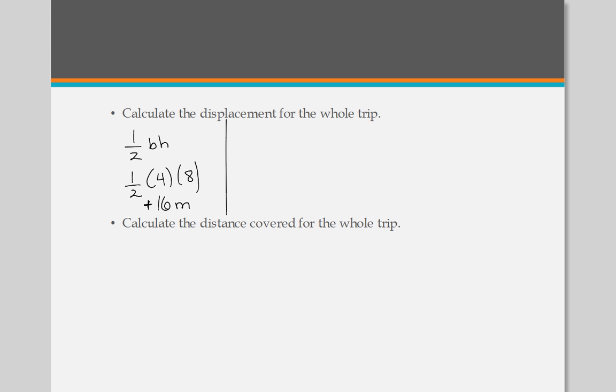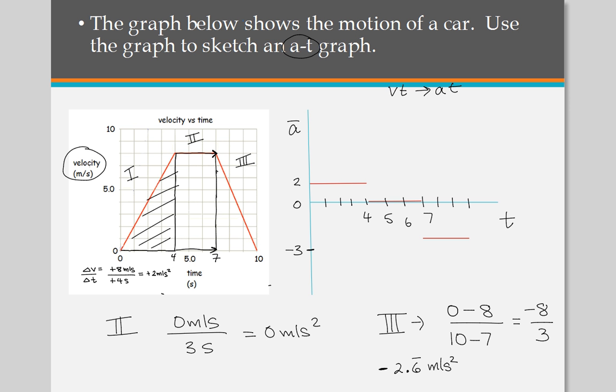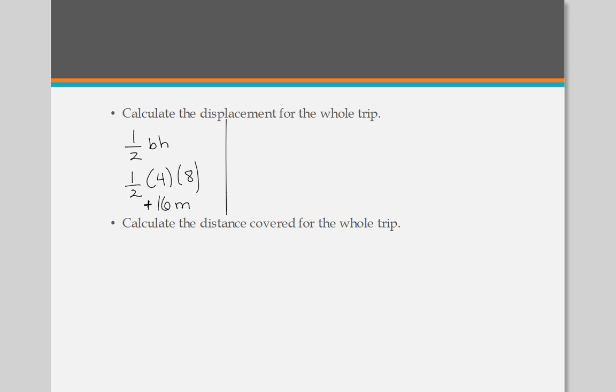What's the next shape? Rectangle. See how easy this is, guys, if you just remember and study? What's the length of that rectangle? 4 to 7, the length is 3. And the height is still 8. Length times width, 3 by 8, 24 meters. Above or below the x-axis?